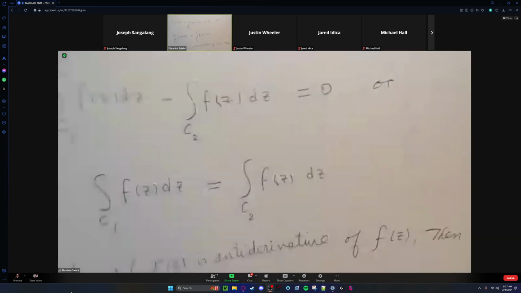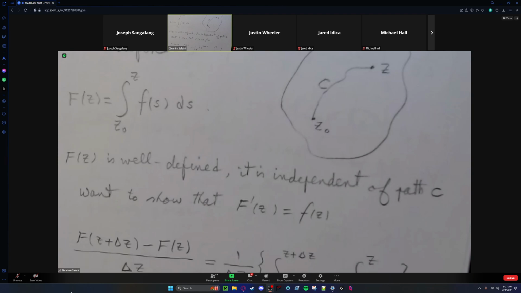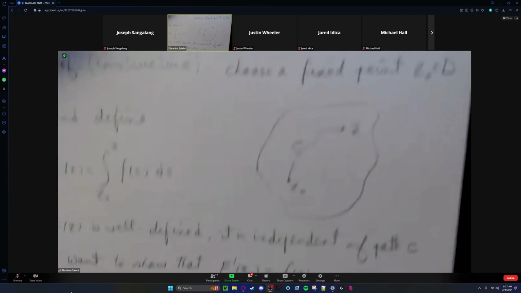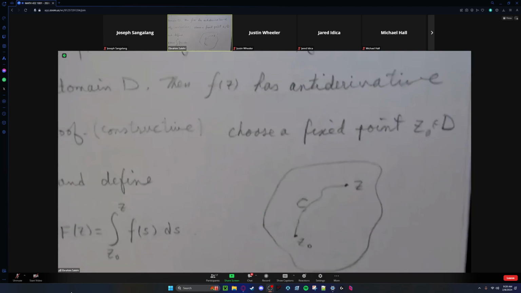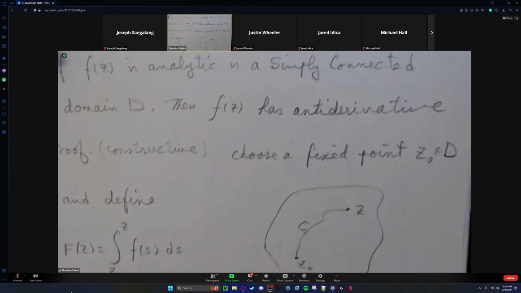But now, this is a proof of the theorem, but I'm not going to spend time proving that the antiderivative exists, okay?